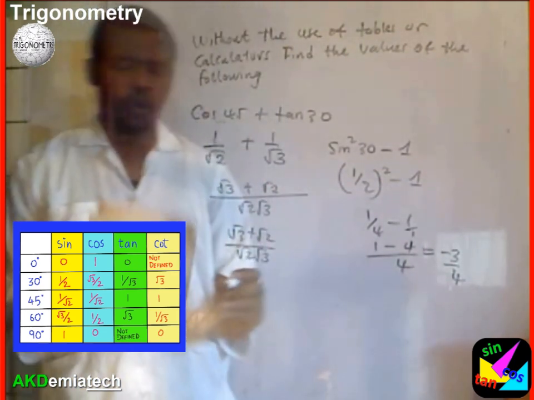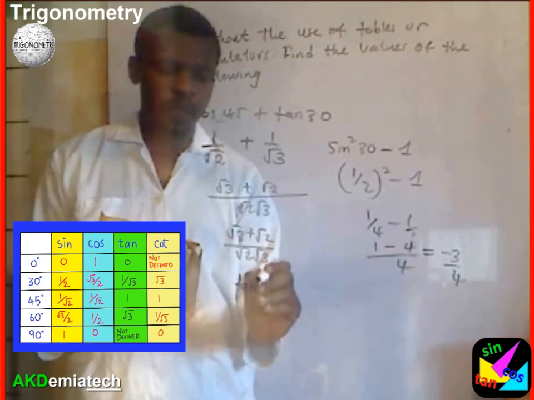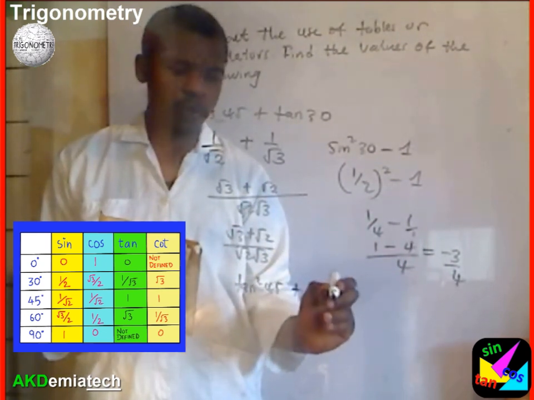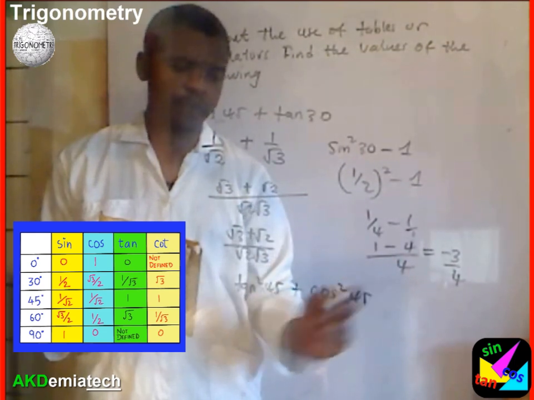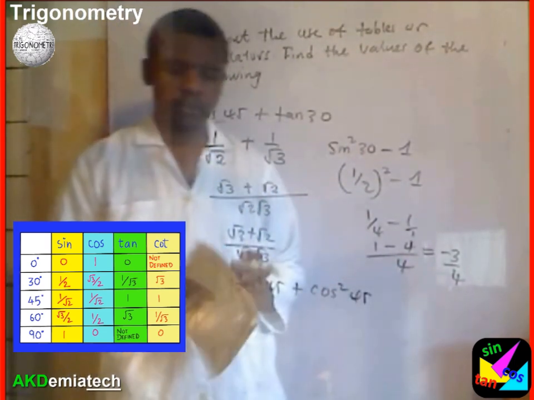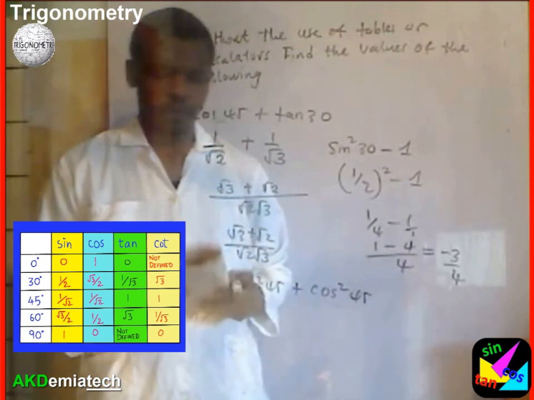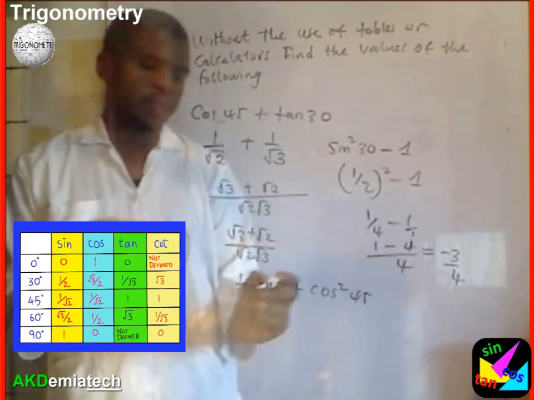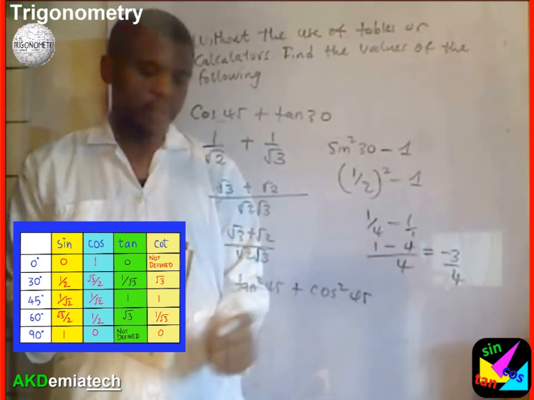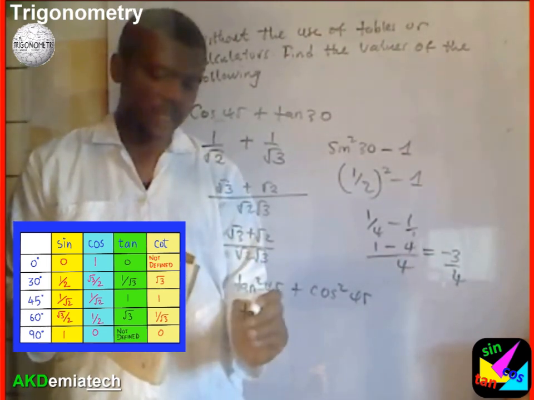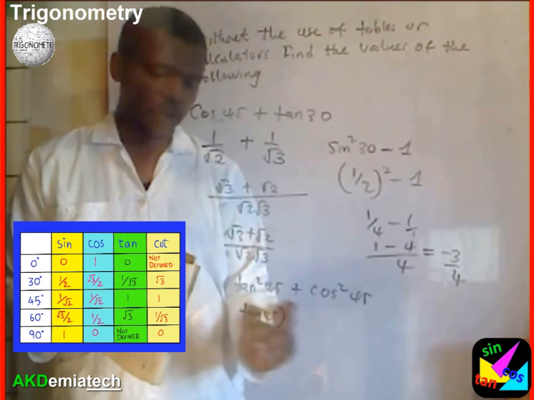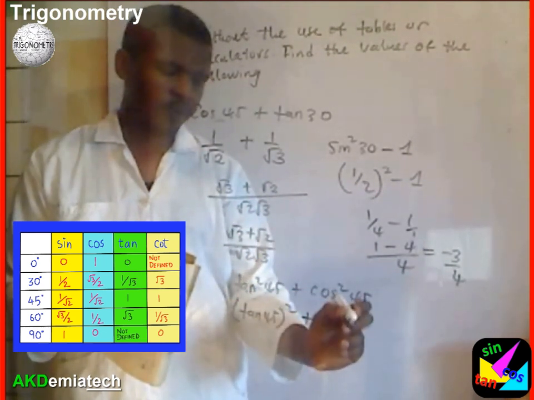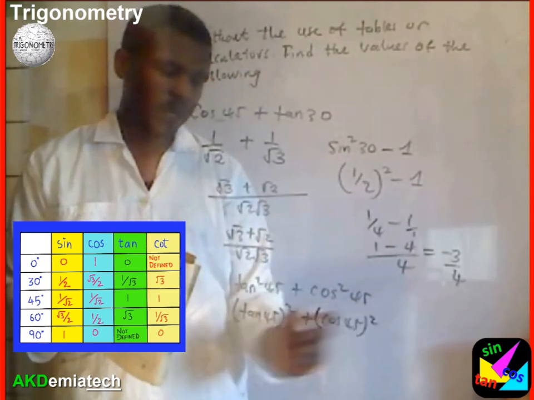Let's look for tan square 45 plus cos square 45. Tan square of 45 actually means tan 45 all square plus cos 45 all square. What is tan 45?